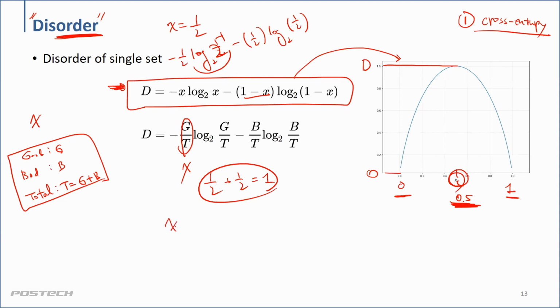And when x is 0, that means all of them are bad. And when x is 1, that means all of them are good.